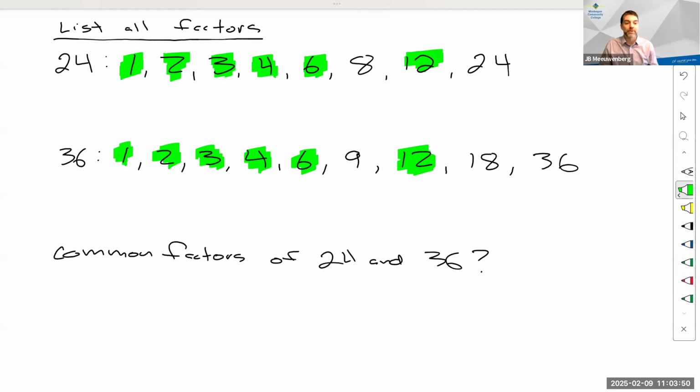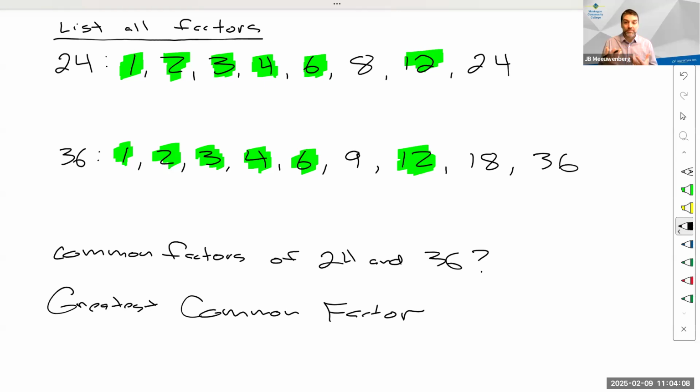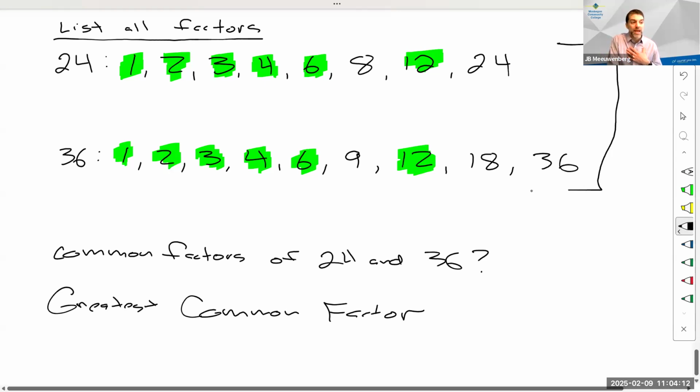And one of the important things that we often try to do when we're examining two numbers is find what's called the greatest common factor. And so the greatest common factor is going to be, in the lists that we just made and highlighted, which one's biggest.